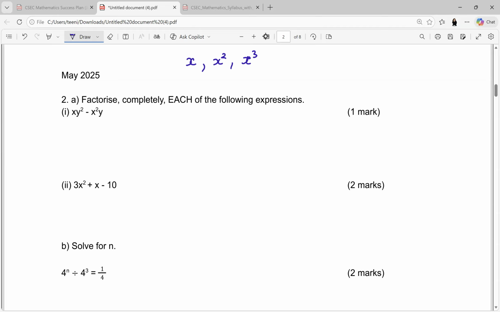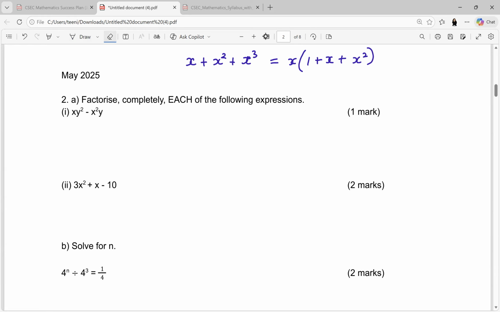So if you have to factorize x plus x squared plus x cubed, the highest common factor, the term that could go into all of them, will be x, because x squared wouldn't be able to go into x, right? So it'll be x into 1 plus x plus x squared. That's how you would factorize this.